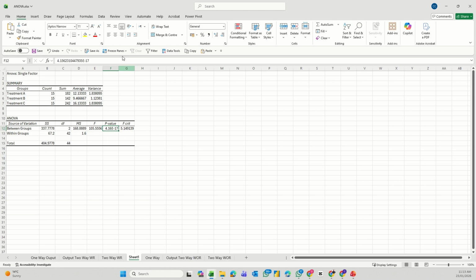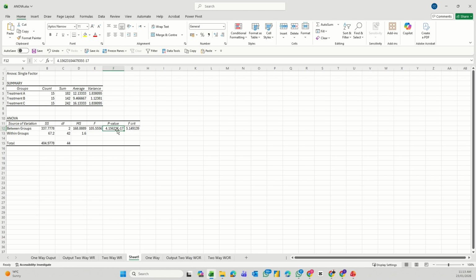What it means is that it's actually highly significant. It is very significant because in this case our alpha is our confidence level, and our P is less than our confidence level.